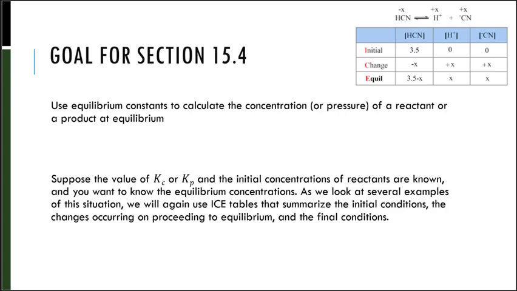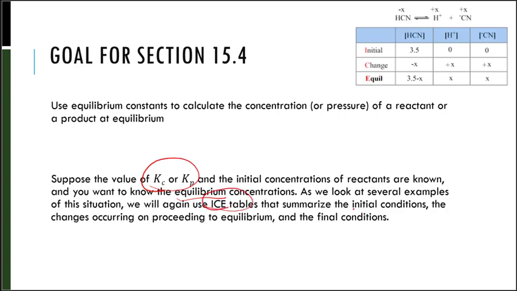Hi chemistry friends, it is section 4 of chapter 15 where we are looking at equilibrium constants to calculate the concentration or pressure of a reactant or product at equilibrium. But more specifically, suppose that we were given the Kc or the Kp and initial concentrations, but we're not given equilibrium concentrations. So we're going to look at several examples in this kind of situation where we will use ICE tables.